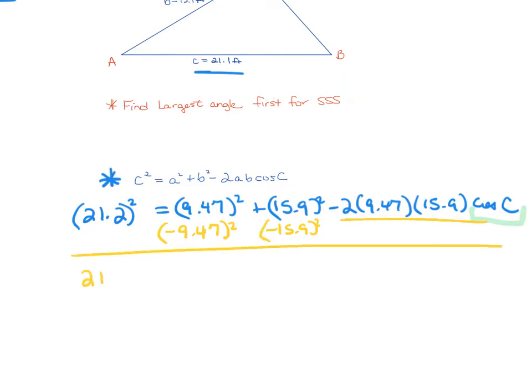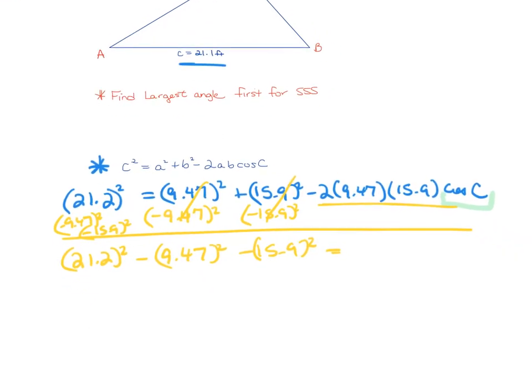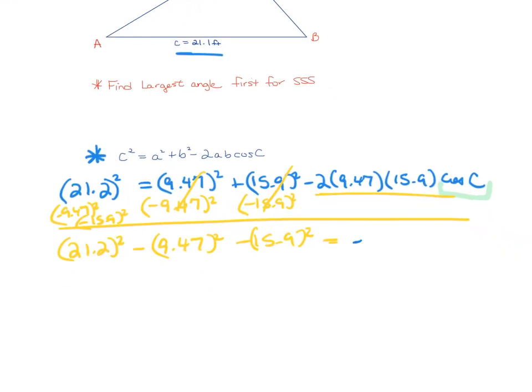So now I have 21.1 squared minus, and I'm doing this to both sides, to get this away from it. So now I have 9.47 squared minus 15.9 squared. And now that equals negative 2 times 9.47 times 15.9 times the cosine of C.